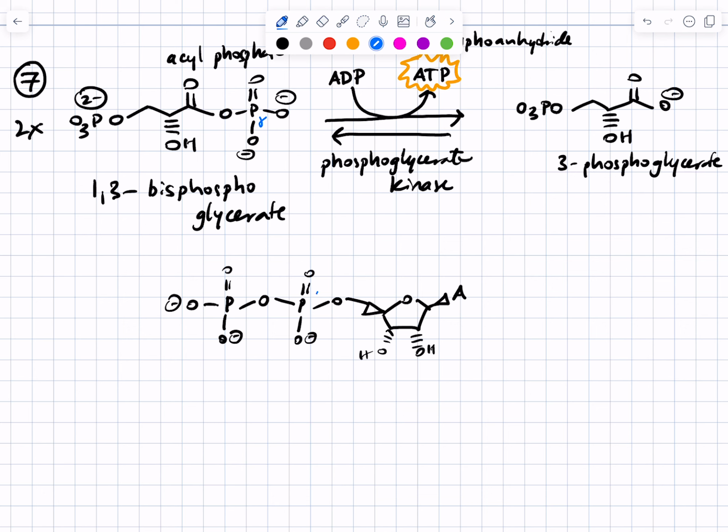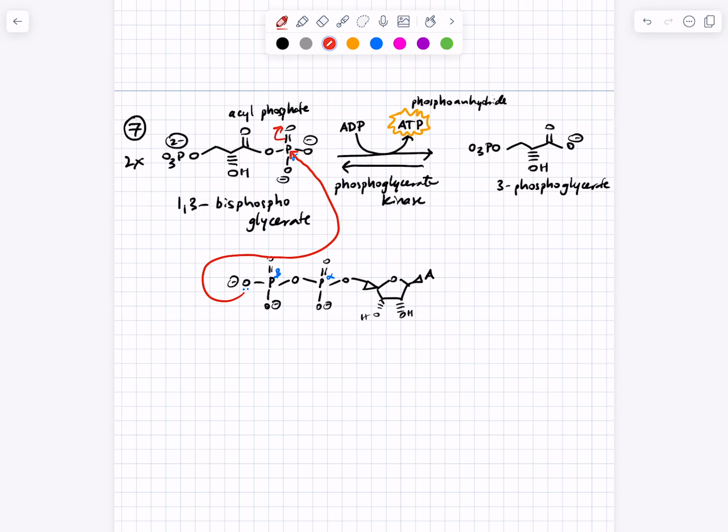And the beta phosphoryl group is going to act as a nucleophile. It's going to attack the acyl phosphate on the phosphorus side of ADP. You're going to get a pentavalent intermediate on that phosphate, where the phosphorus is attached to 5 things, ADP on one side, and the phosphoglycerate on the other side.